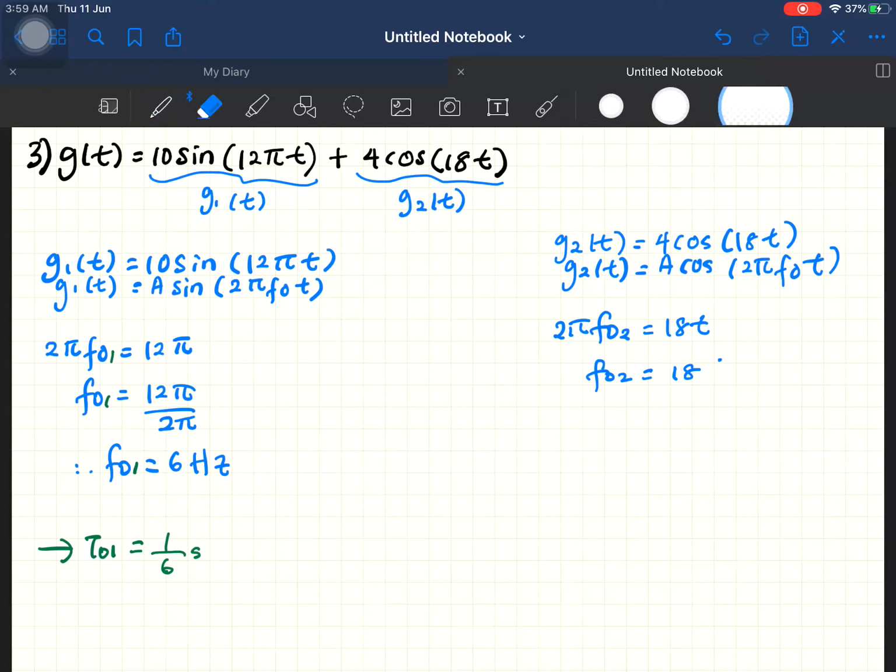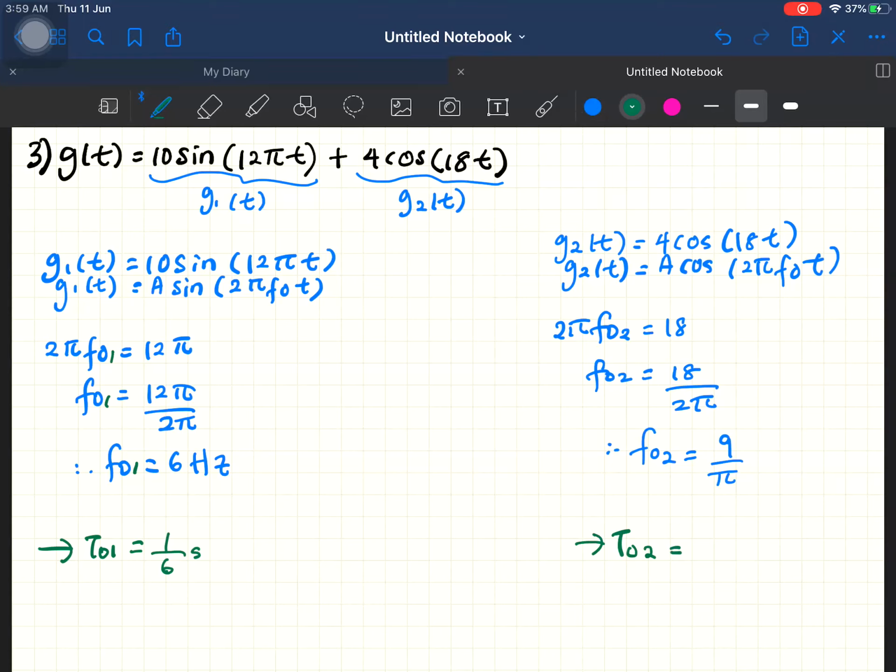Sorry, don't need to write the t, just 18. Okay, f02 equals 18 over 2 pi. So f02 you will get 9 over pi. Okay, so T02 you will get pi over 9 seconds.